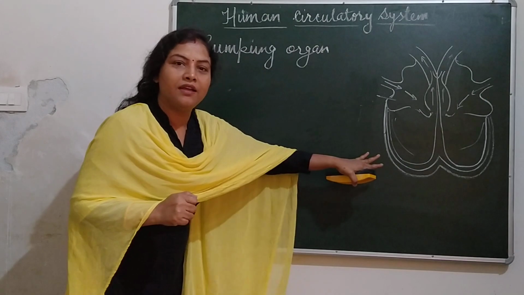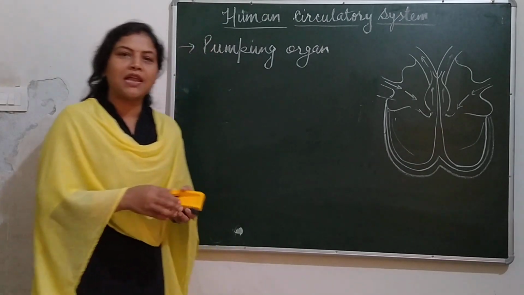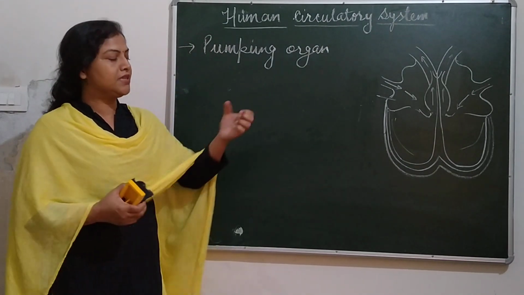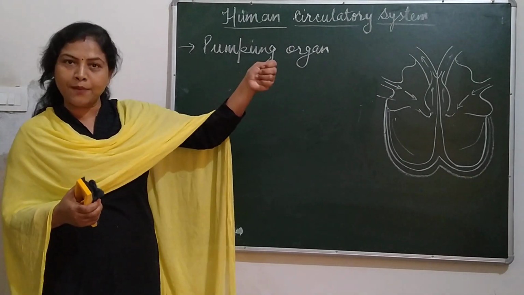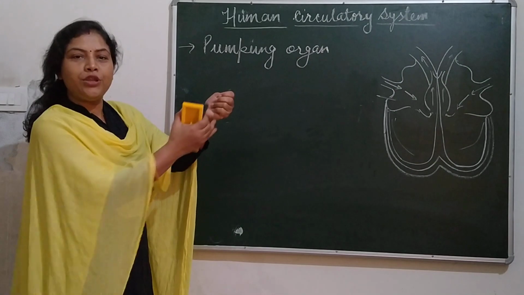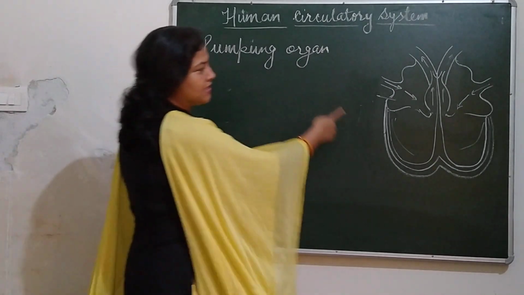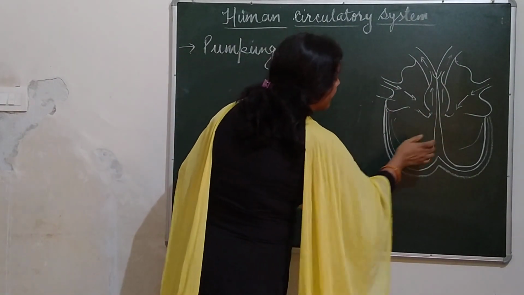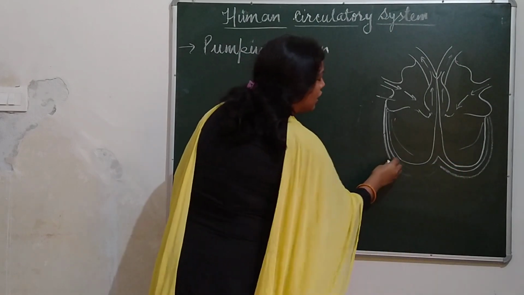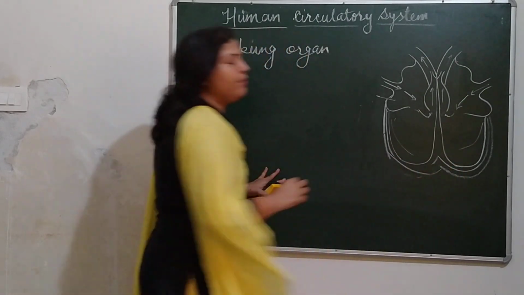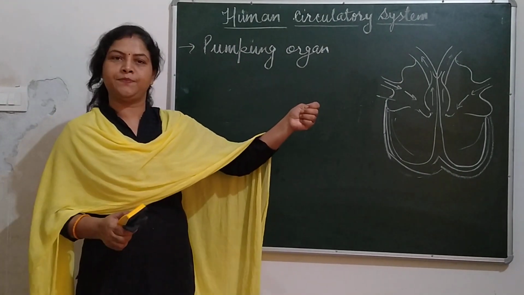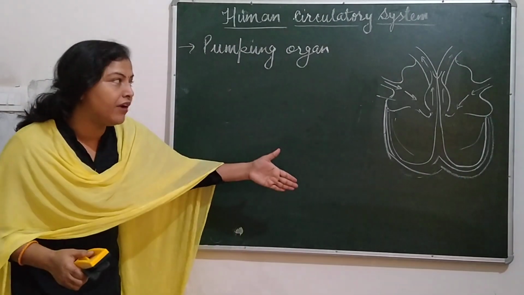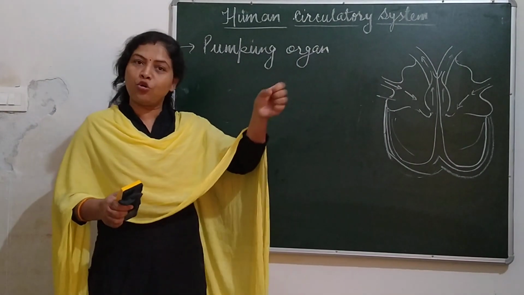This heart is just like a fist of a human. See, fist. Broader from the upside and conical from the lower side. If you see this diagram, it is broader from the upside and a bit conical from the lower part. And the movement of the heart is expansion and contraction.